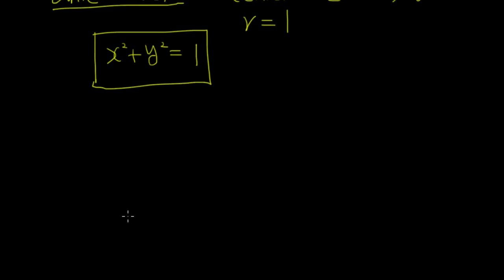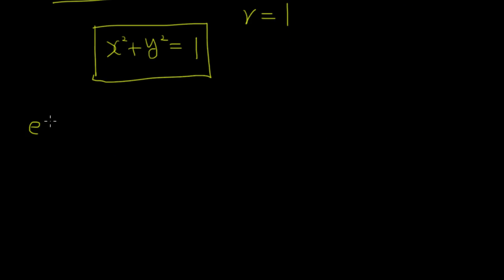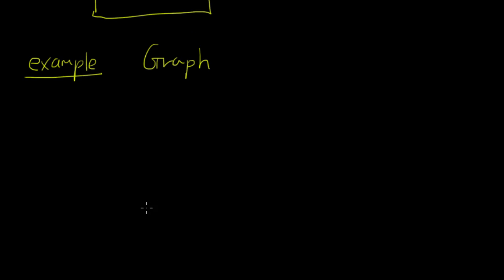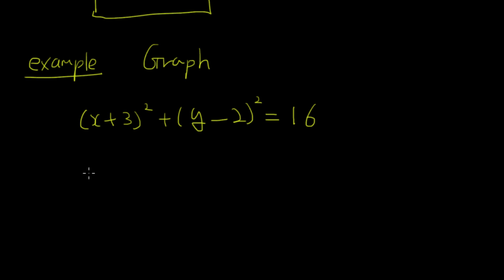Now let's do a couple of graphing examples. So example: graph x plus 3 squared plus y minus 2 squared equals, say, 16. Now we can see that this is the circle equation.